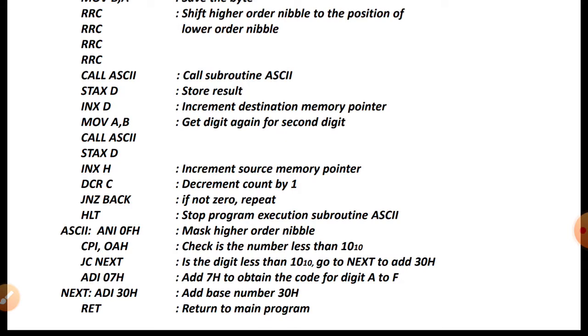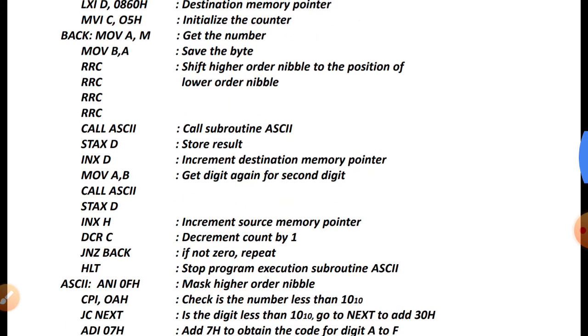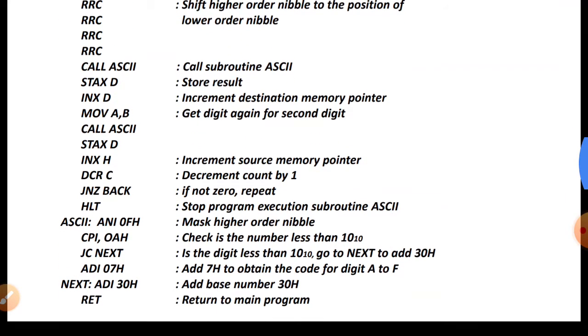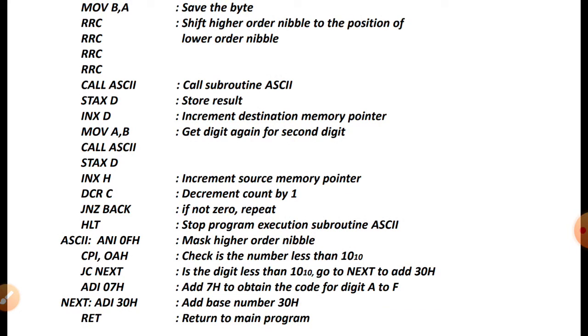Suppose we have the number 9F stored at location 0850, and this 9F is now available in the accumulator. Whenever we convert this 9F into ASCII code, 9 should be separated and F should be separated, because F will have its own ASCII code and 9 will have its own ASCII code. Out of this 9F, first we will work on 9.